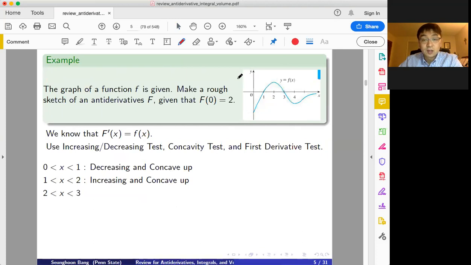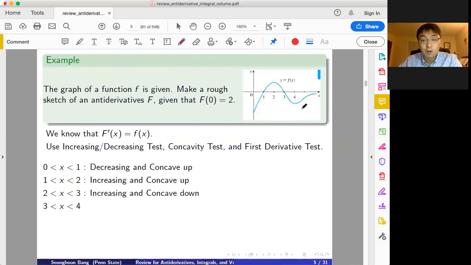For 2 to 3, it is similar. This is positive, so the graph is increasing. So we have increasing. One more: capital F prime is decreasing. What's that? The graph of F is concave down. So we have concave down.